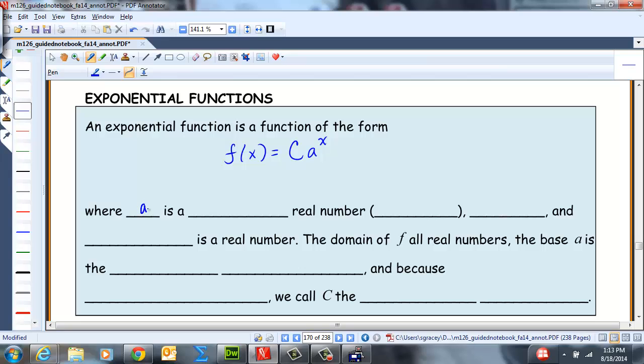So a is a positive real number, a has to be greater than 0, and it can't be 1, because when you raise 1 to a real number, you're going to get 1. And c is not equal to 0, it is a real number. So the domain of f is all real numbers. The base a is called the growth factor.